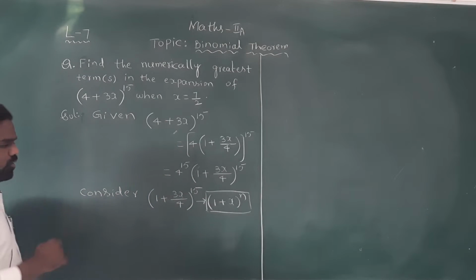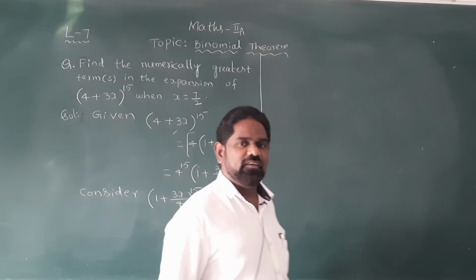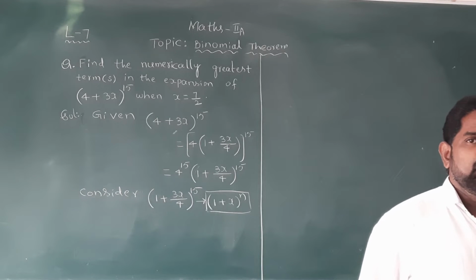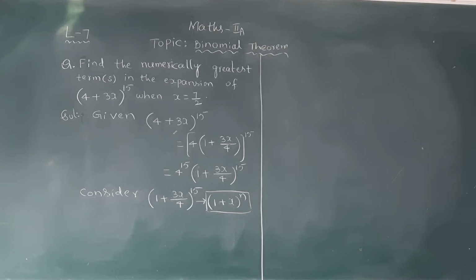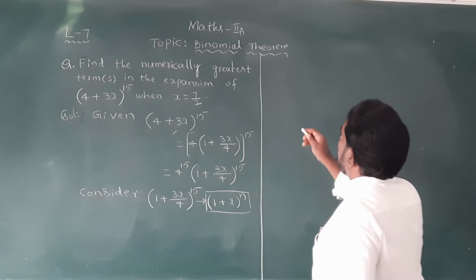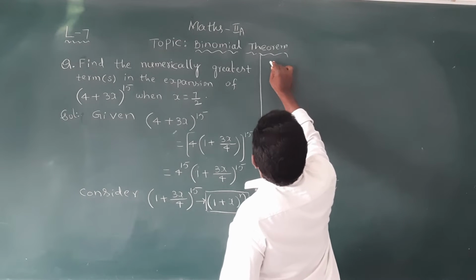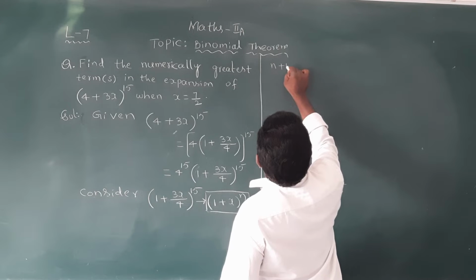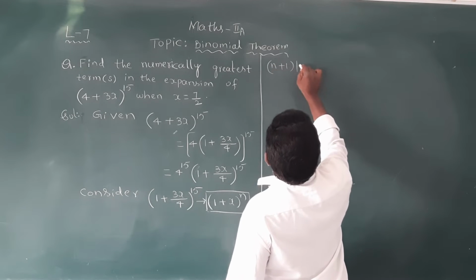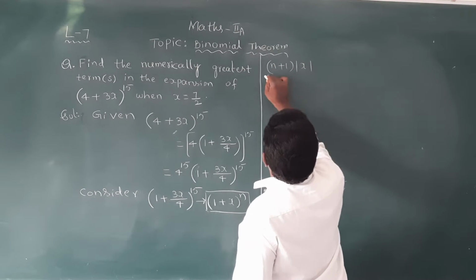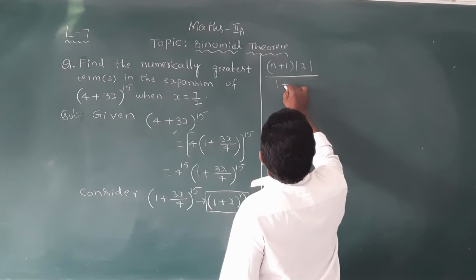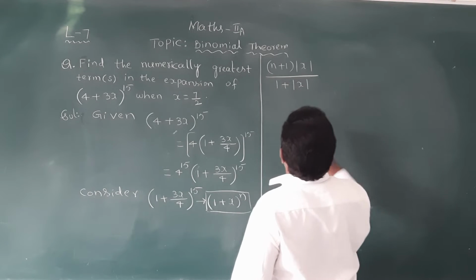Understand? Now, to find whether this expansion has numerically greatest term or terms, first of all, we have to find the value of (n + 1) mod x by (1 + mod x).